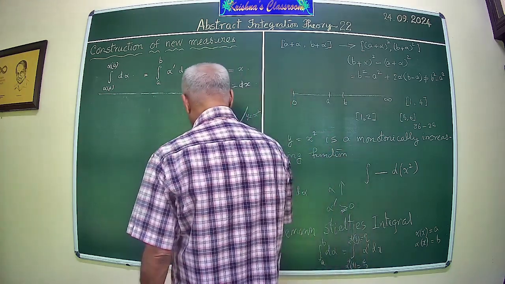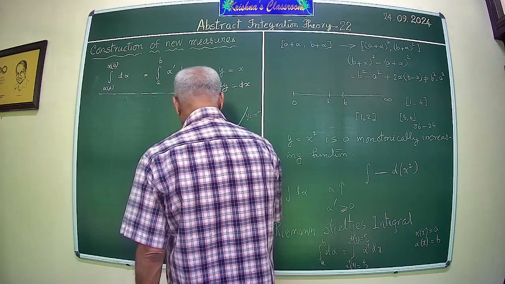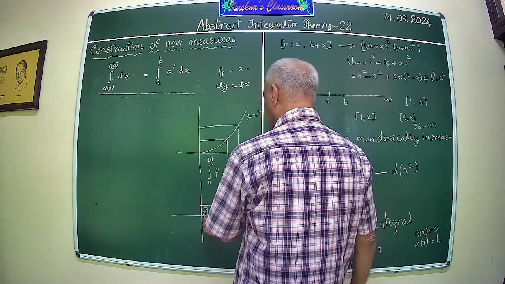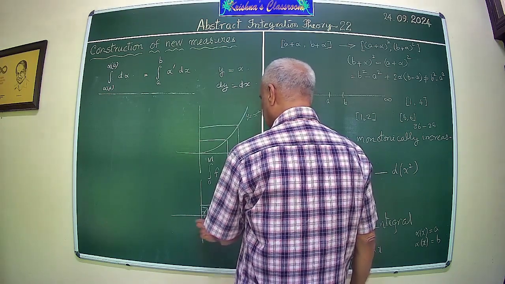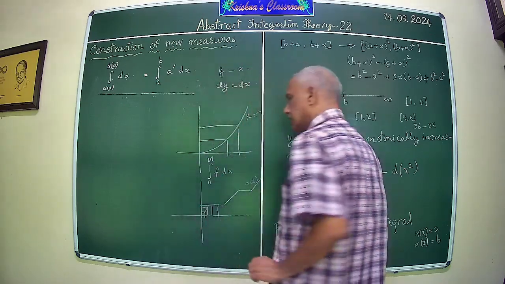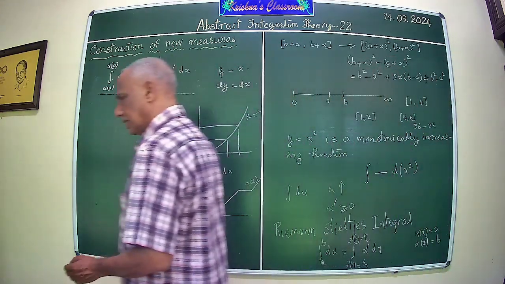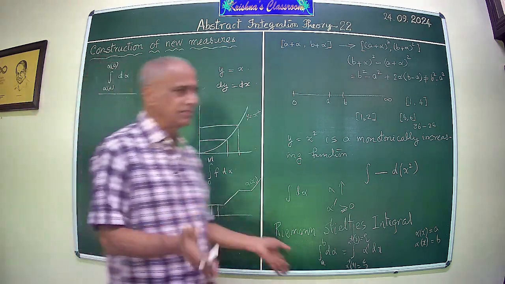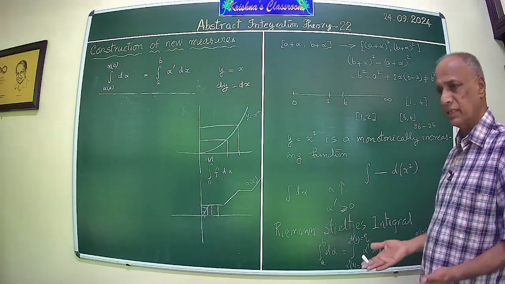So something like 0 to m. Then you see that from this portion there is not going to be any contribution coming to the integral at all. So there's a possibility that all intervals, traditionally of the same length, have different measure, or we have successfully introduced a new concept of measure.